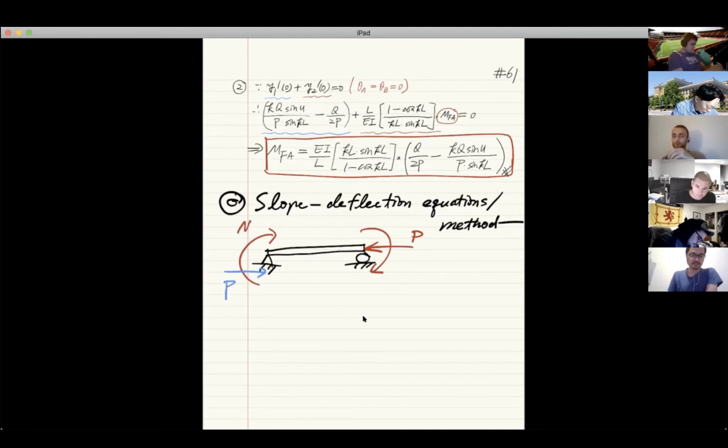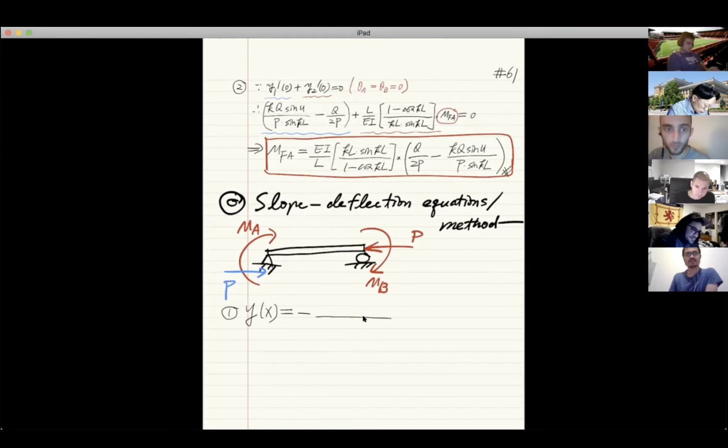Then we have MA, MB. We have solved this problem. And from here, we found the expression for deflection to be y of x. So this is going to be step 1. This is the one we did before, but I was going to show you how we're going to arrive at the slope deflection equations in 2 steps.